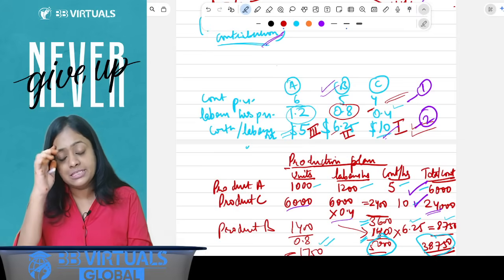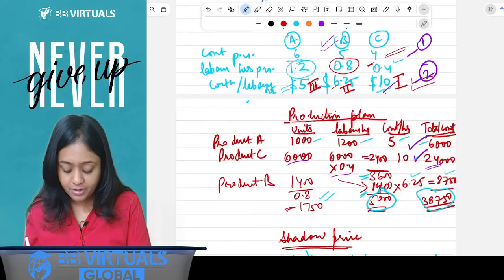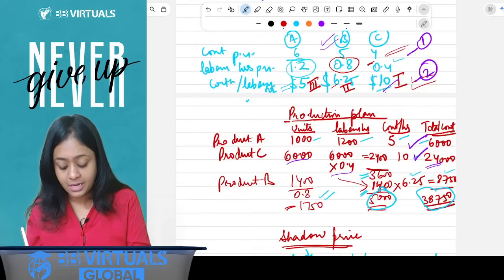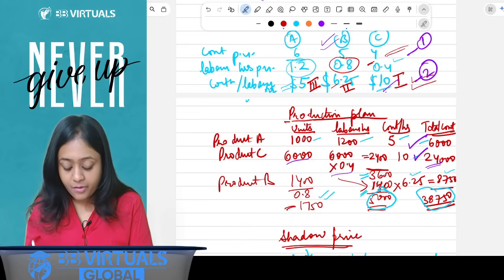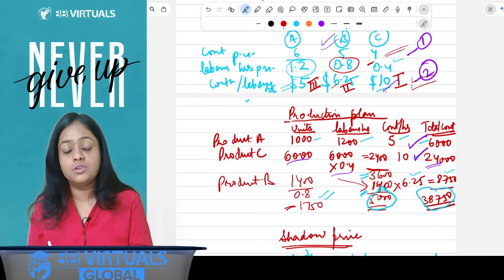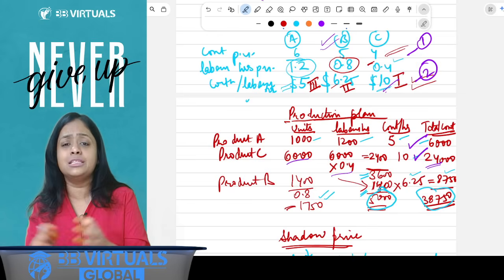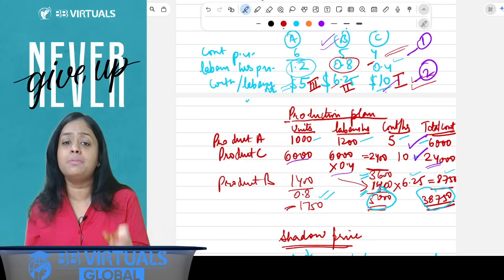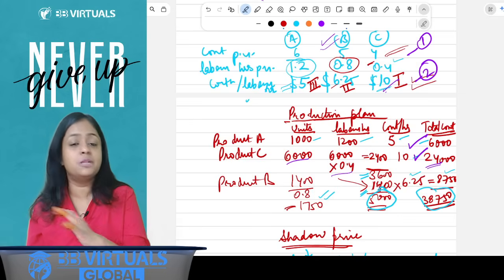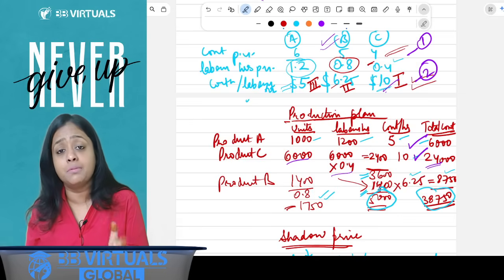Now in this ranking only we will be making the production plan, which clearly means that we will make product C first, that is for 6,000 units, that is its maximum demand. And in this example, there was a minimum demand of product A to be met. That means whatever is the scenario, product A minimum demand is met.